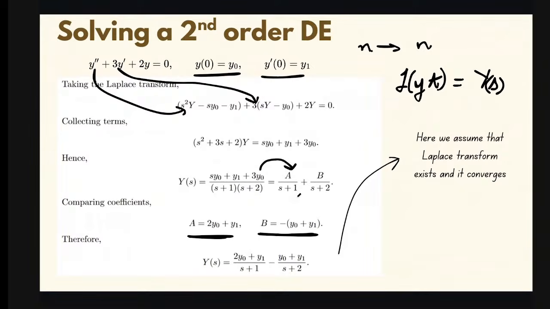Before we complicate stuff, take a by s plus 1. If I want to take the inverse Laplace transform of that, can I write it as some a1, which is a different constant, times e power minus t? Can I write it like this?